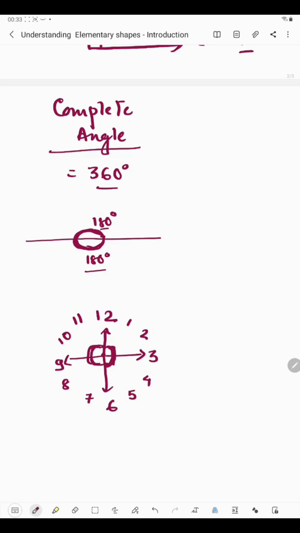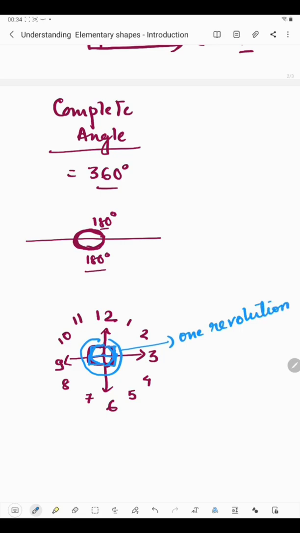So two 180 degrees make 360 degrees, and two 180 degrees means 4 right angles, 1, 2, 3, 4. So this complete turn is called one revolution.